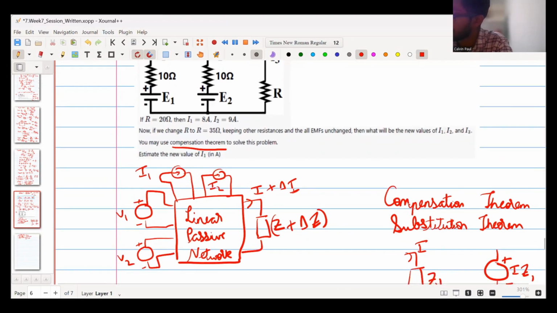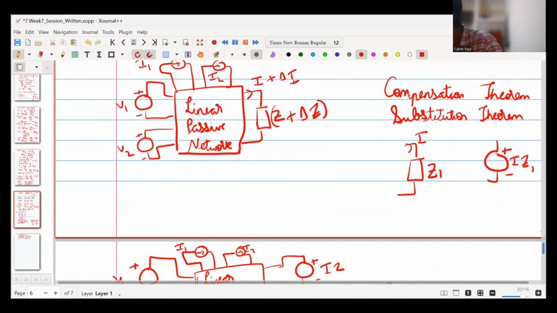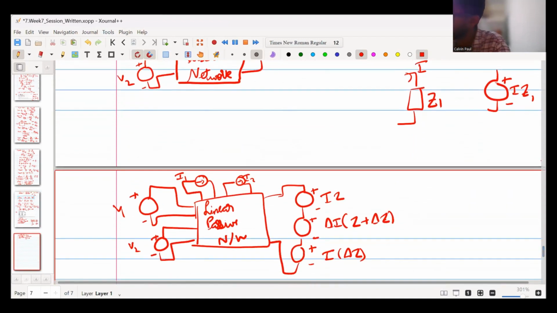So this I plus delta I into Z plus delta Z is replaced by IZ, delta I into Z plus delta Z, plus or minus I into delta Z. Any questions in this?